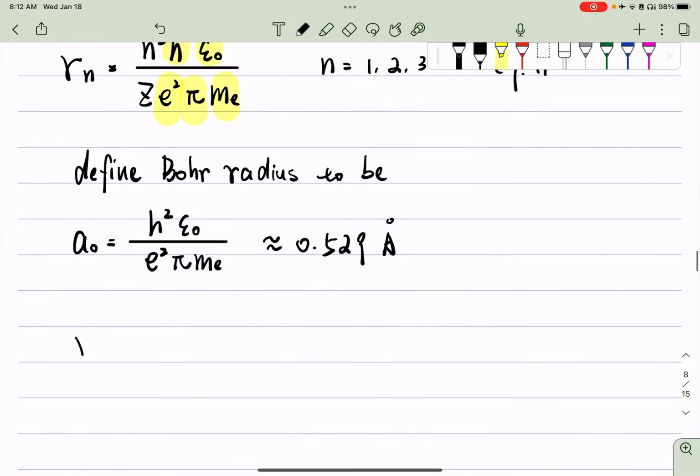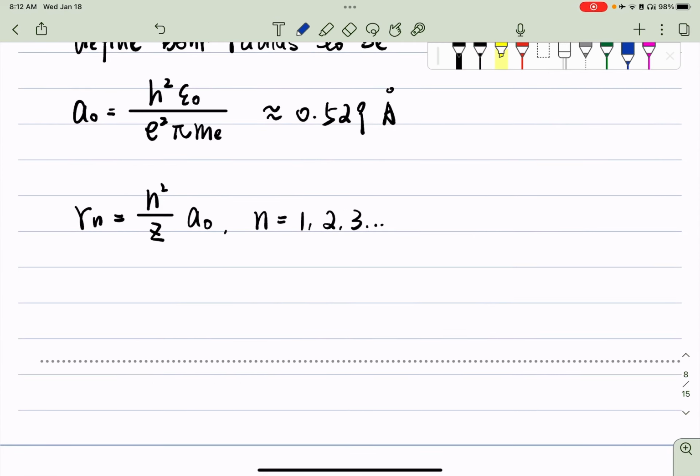With a simplified version, we have R_n equals n squared over Z times the Bohr radius, with n equals 1, 2, 3, and so on. All right, so this is what we have. It's called the radius for one-electron atoms.